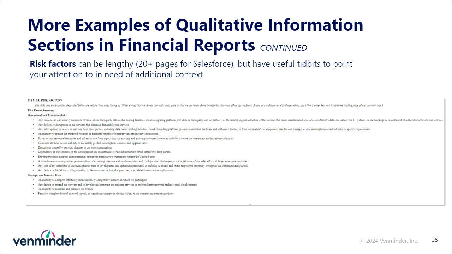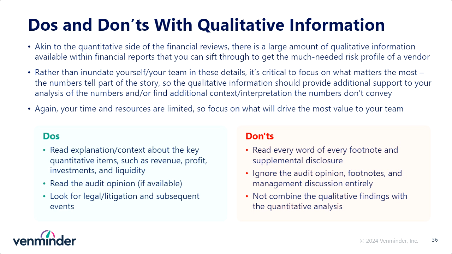Similarly with the quantitative information, on the qualitative side, here are some best practices on do's and don'ts with qualitative information. So like we talked about, there's a ton of information available within vendor financial statements. So rather than having to look through all of them, focusing on some of the things we just talked about, whether that be risk factors, audit opinions, management discussion analysis points, talks about trends, talks about legal and litigation items, you'll want to just be very focused and tailored in those searches, right?